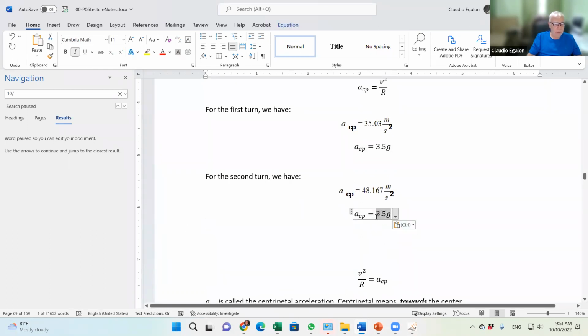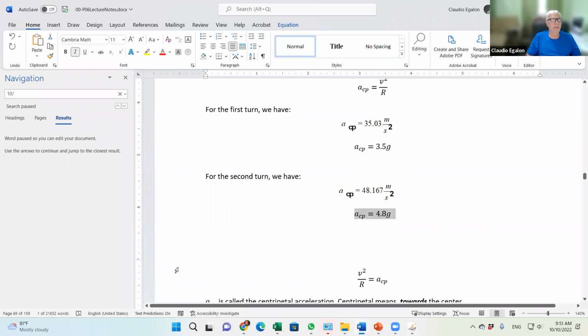It's 4.8 G's, which is very grueling to be subjected to. 3.5 is already difficult to stand, and 4.8, almost 5, is even more grueling to stand.